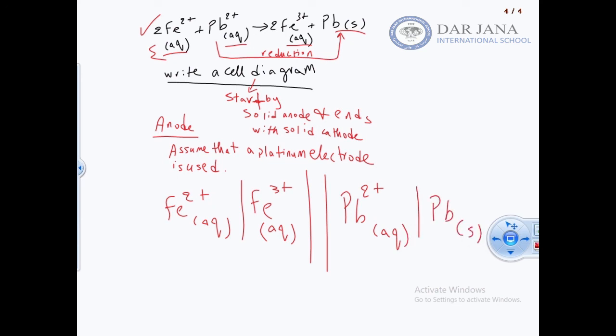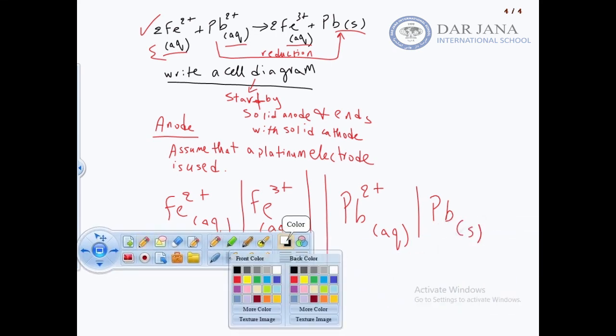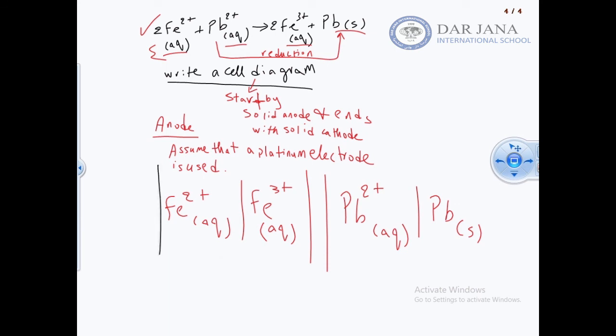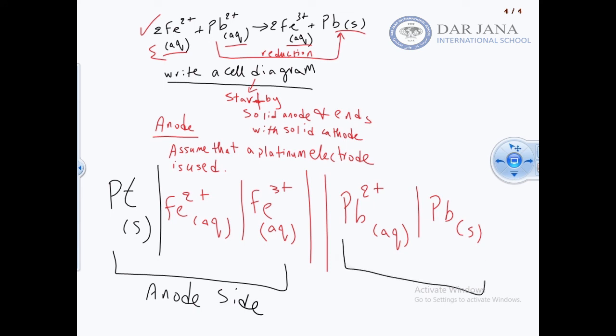And we add here the platinum. So we add here at the beginning the platinum solid. So this is the anode side and this is the cathode side.